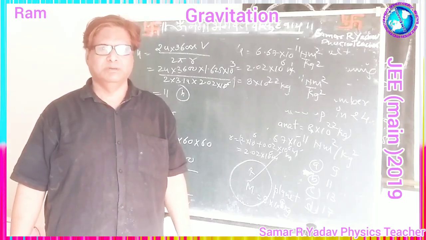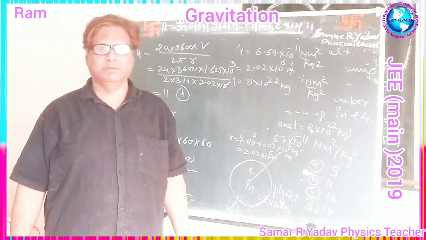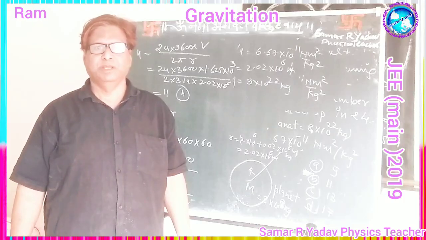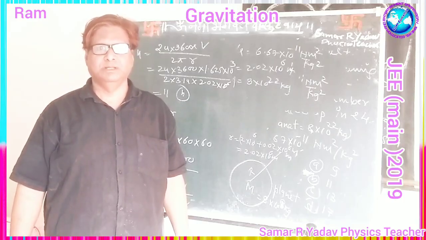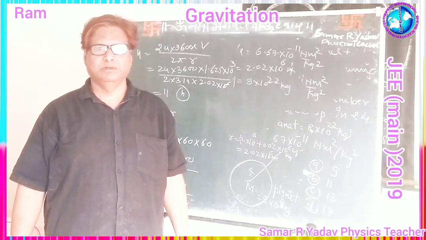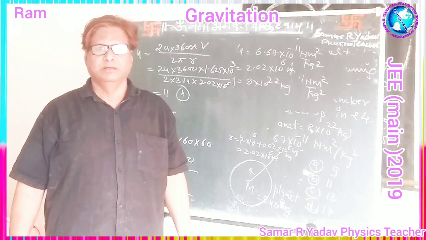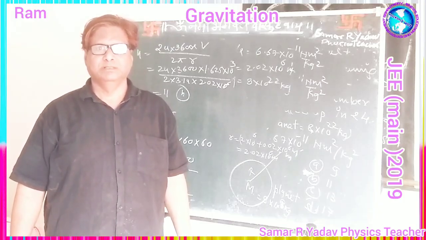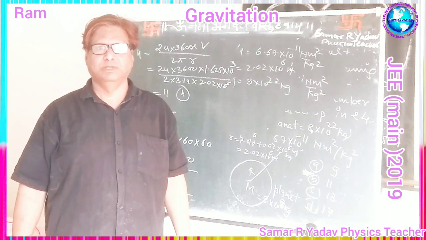Both the forces are in equilibrium, so G capital M small m upon r square is equal to m v square upon r. Simplifying, V is equal to under root G capital M upon small r, and keeping all these values, finally V is equal to 1.625 into 10 to the power 3 meter per second.